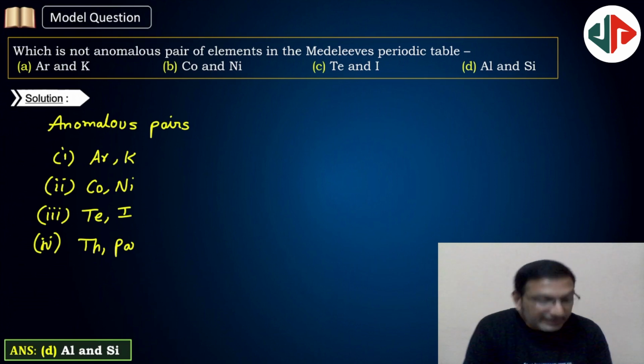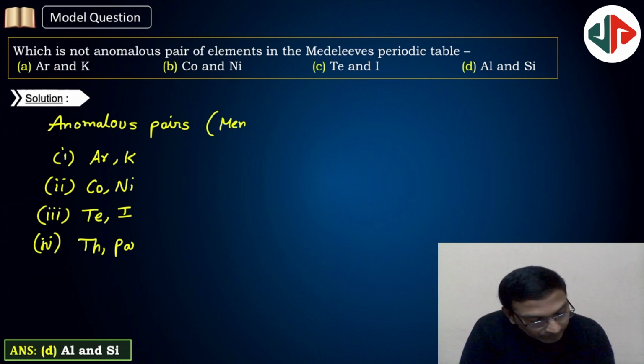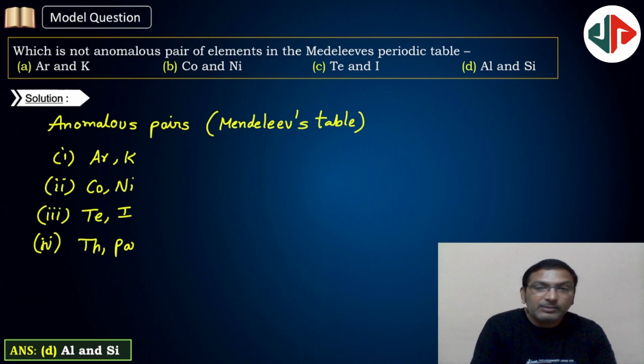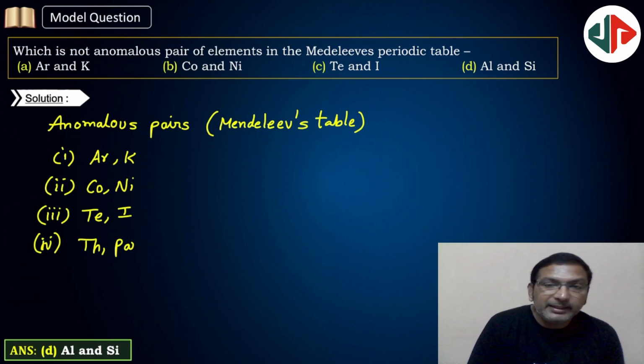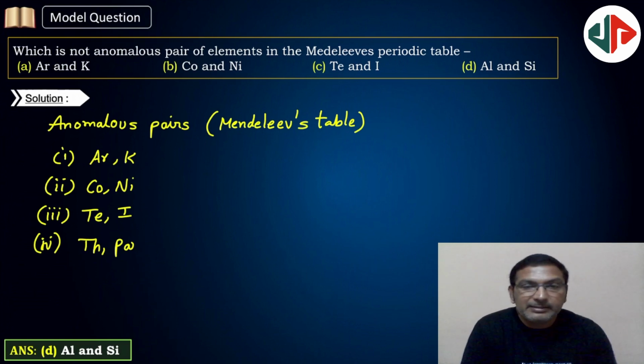These are anomalous pairs in Mendeleev's table. So these are arranged in decreasing order of atomic weights. There should be increasing order, but here for these 4 pairs there is decreasing order of atomic weight. So argon, potassium is there, cobalt, nickel, tellurium, iodine. Option D is not present. Remember 4 pairs: argon, potassium, cobalt, nickel, tellurium, iodine, thorium, protactinium.